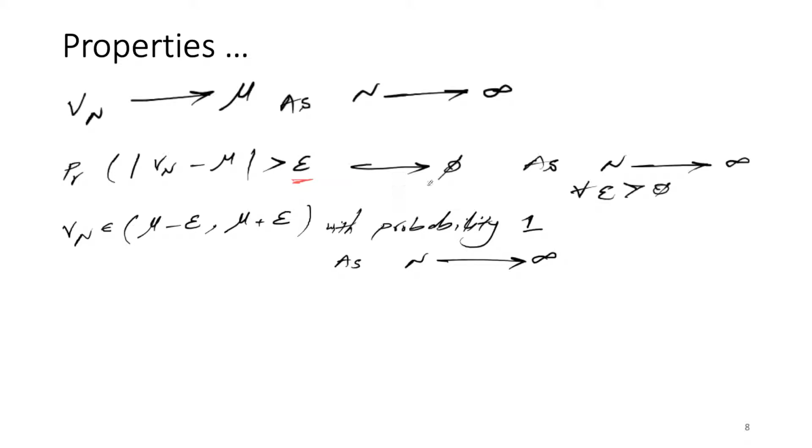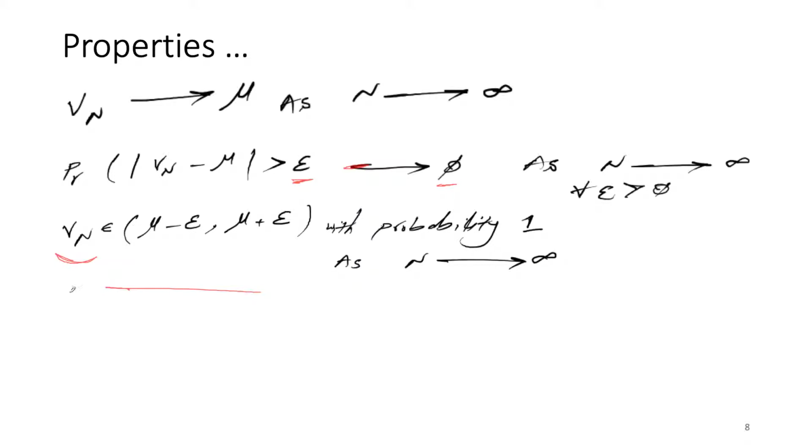And this one also close to 0, right? As n goes to infinity, to a very large number. So we can define the Vn within this range, right?